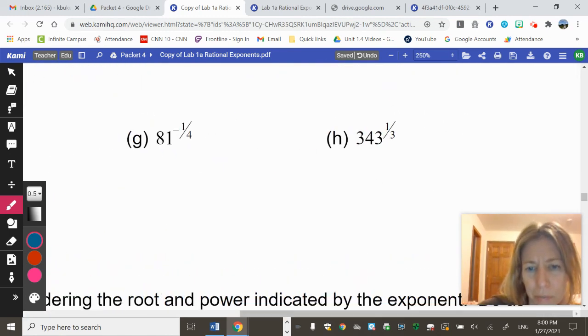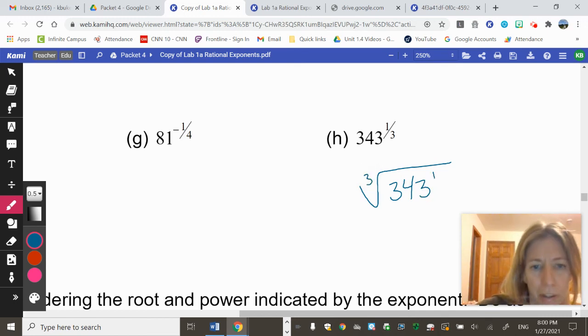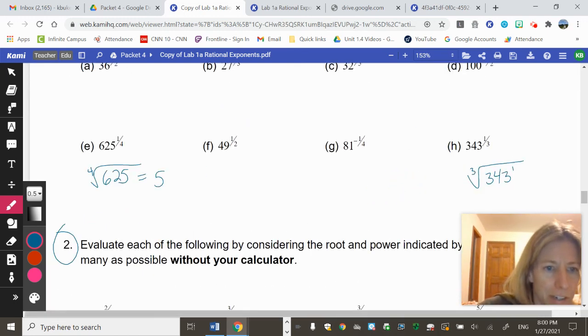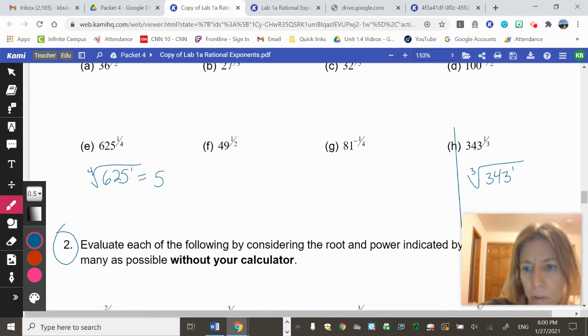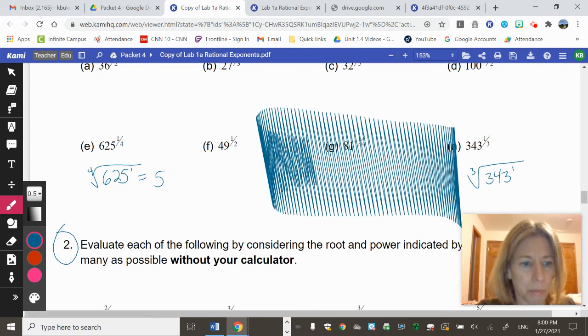Oh, I'll do this one with you too then. 343 to the 1/3. I didn't put the power of 1 on the other one. I apologize. I probably should put that. Just to be clear, the power is 1, the root's 4. Ooh, look at that. That's pretty.